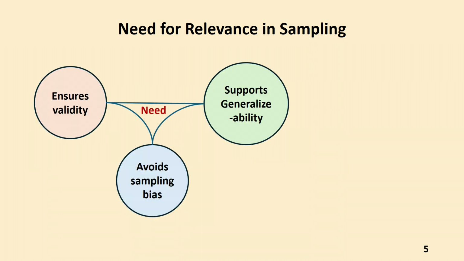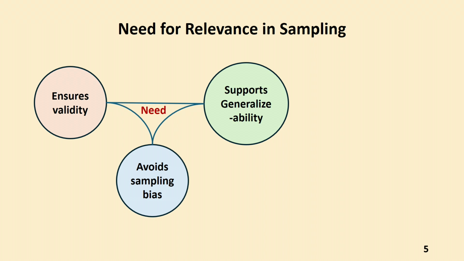First, it ensures validity. Second, it supports generalizability. And third, it avoids sampling bias. All these things are of very prime importance for considering a sample in a research, because whenever you are going for any kind of sampling, whether it ensures the validity or not is a very important aspect of the research.